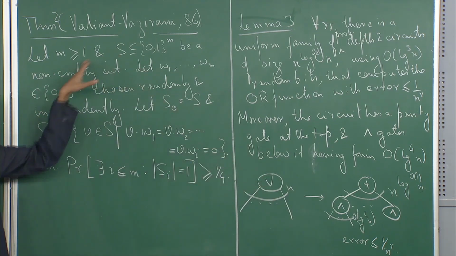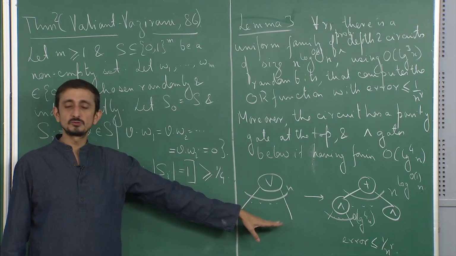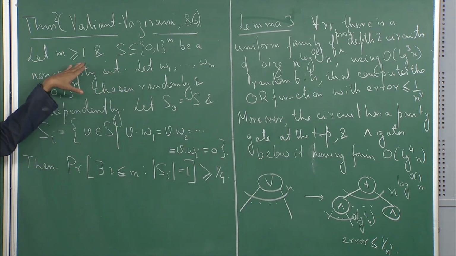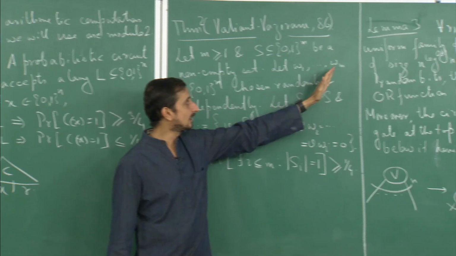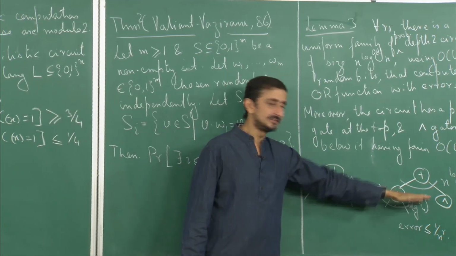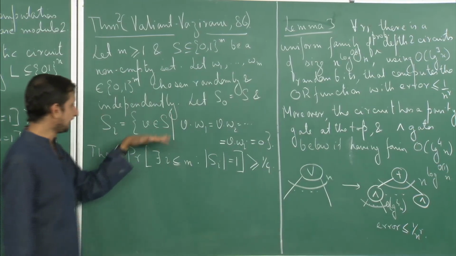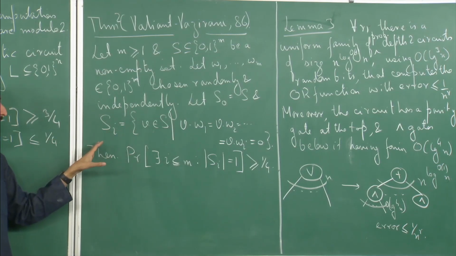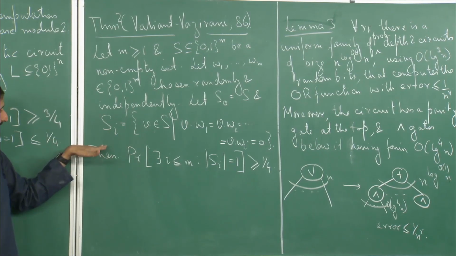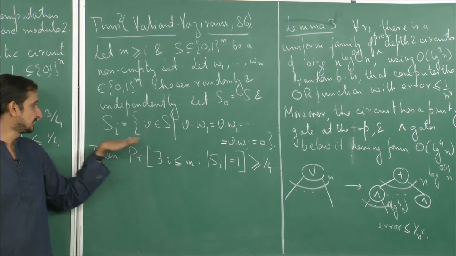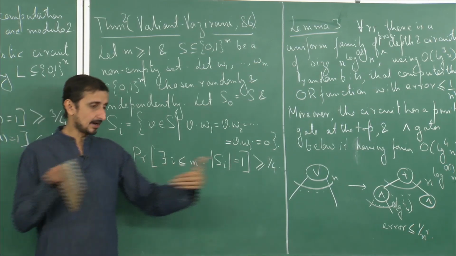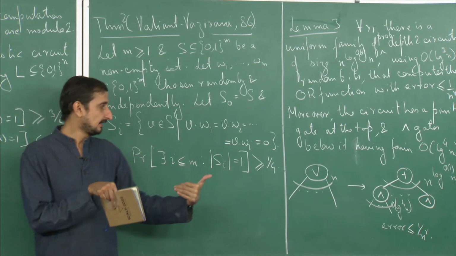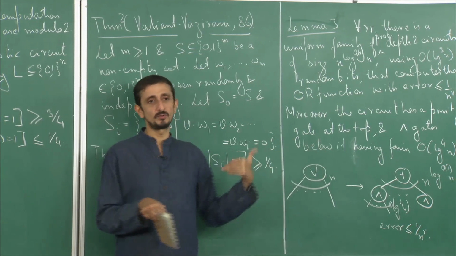So we'll set S to be those inputs which are 1. By this result, it satisfies our hypothesis, that is S is non-empty, and these w_i's will be the random bits that this circuit will use. Then we will do the construction in an appropriate manner, so that in some m steps, where m will actually be log n for us, we will come to a point where there is exactly one input which is 1.